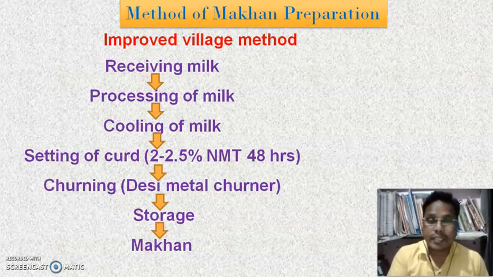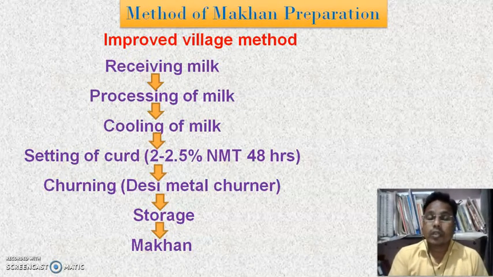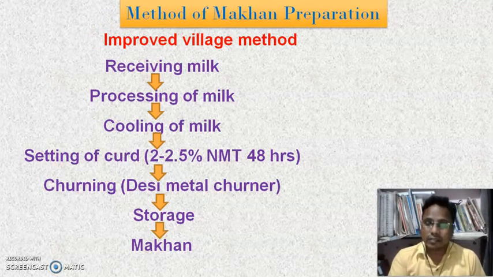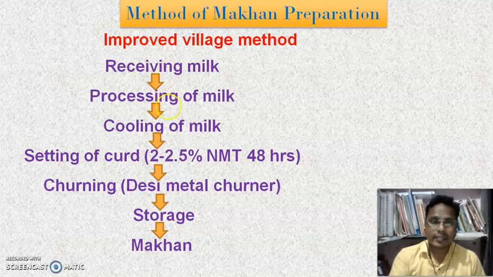I think you might have got the point, or got the difference between the traditional village method and the improved village method. Whereas in the traditional village method, there was no control over all the points.